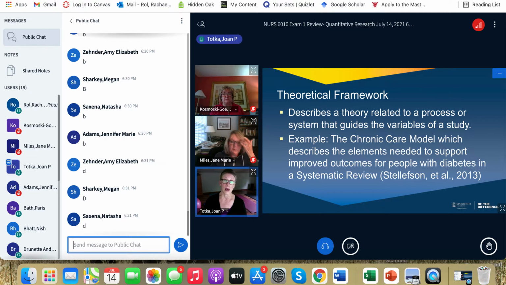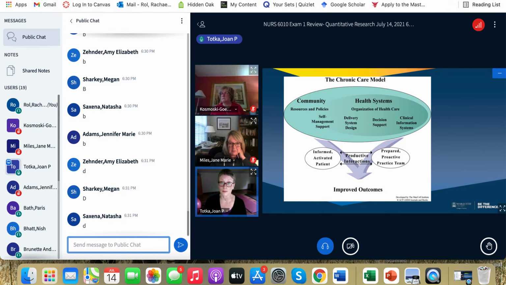So, for example, I work in diabetes, and the chronic care model is nationally supported as a model that describes the elements that are needed to support improved outcomes for people with diabetes. And that was shown in a systematic review, and so the national guidelines use the chronic care model.